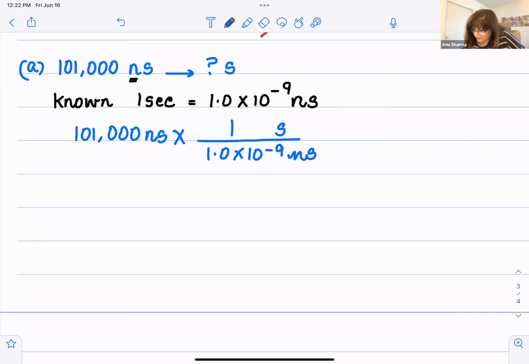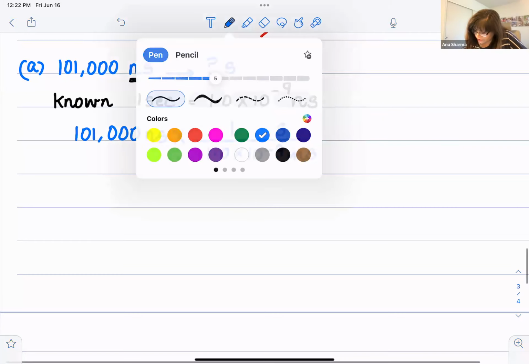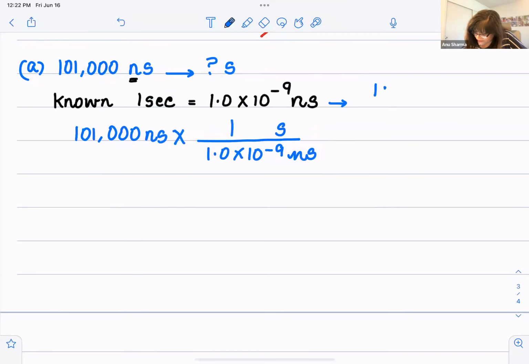So this is the conversion factor: 1 second over 1.0 into 10 to the power negative 9 nanoseconds.